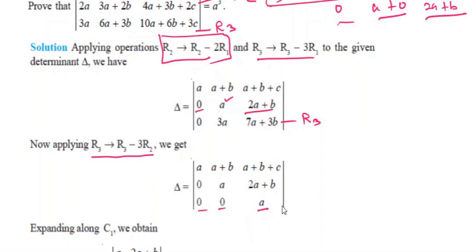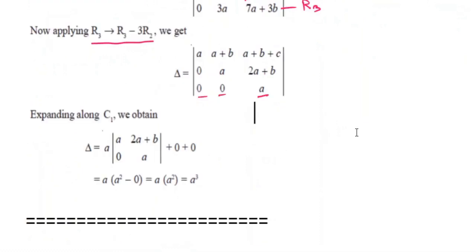Now we can expand along C1, that is column wise. I know it is very convenient if we take the first column. Why? Because it contains many zeros.